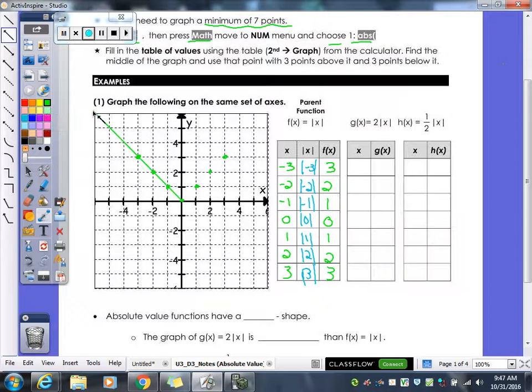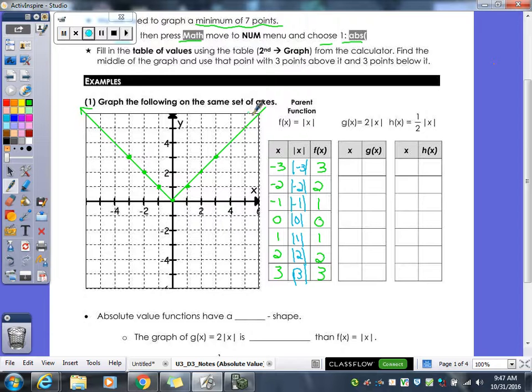So you got to draw some nice straight lines with arrows on each end. So once you have that drawn in there, the f of x equals the absolute value of x.